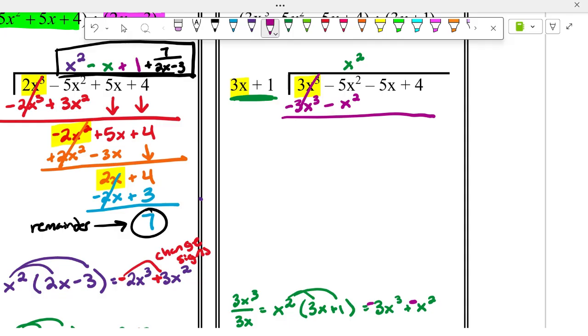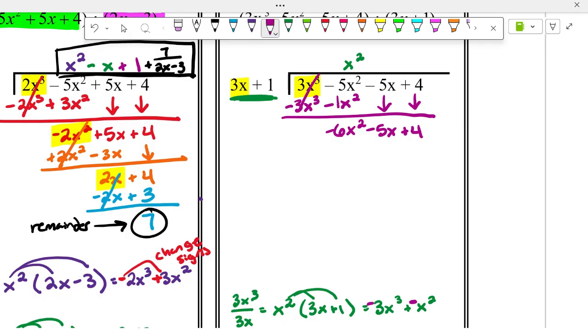Okay, so we know it's going to have an x squared at the end because we're just combining like terms. Remember, there's an unspoken 1 here, so what's negative 5 minus 1? Other way. So it's not negative 4, it would be negative 6. And then we bring down our other two terms.